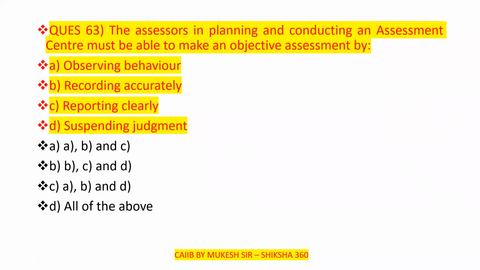The assessors in planning and conducting an assessment center must be able to make an objective assessment by: first, observing behavior; second, recording accurately; third, reporting clearly; fourth, suspending judgment. So what is the correct answer?